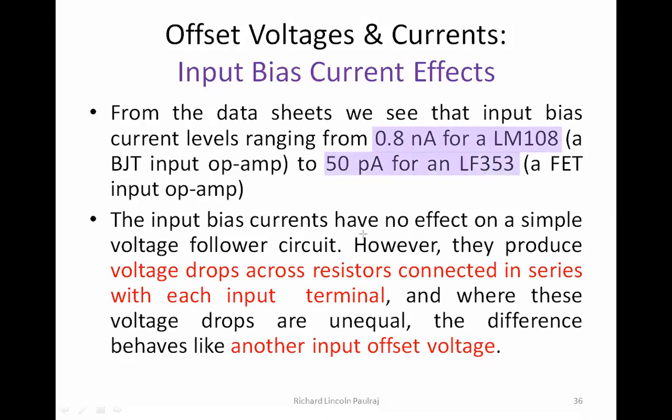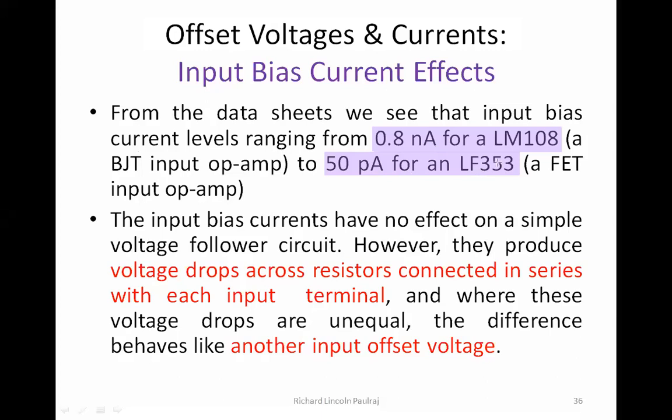It's about 0.8 nanoamps for the model LM108, just like 7404, 7408, 7400. And then about 50 picoamps for LF353.